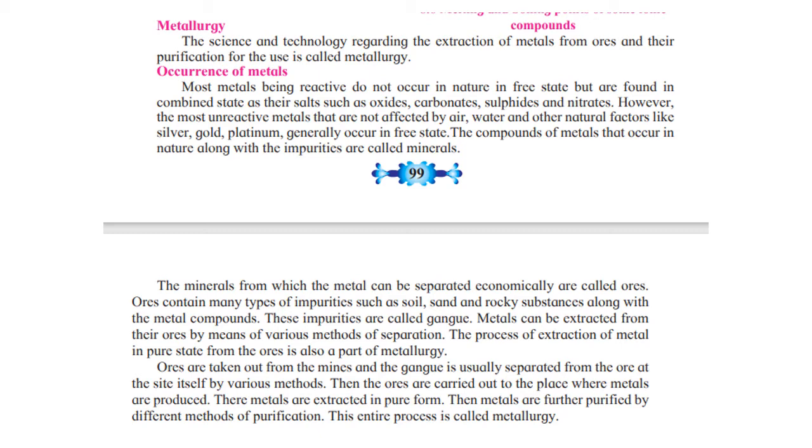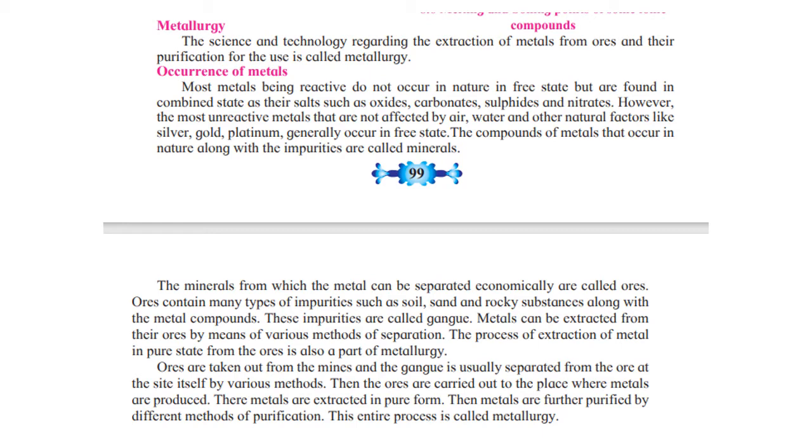Then the ores are carried to the places where metals are produced. The metals are extracted in the pure form. Then metals are further purified by different methods of purification. This entire process, from the mining to taking out the ore, from the ore removing the impurities, from removing the impurities to getting a purified metal, is called metallurgy.